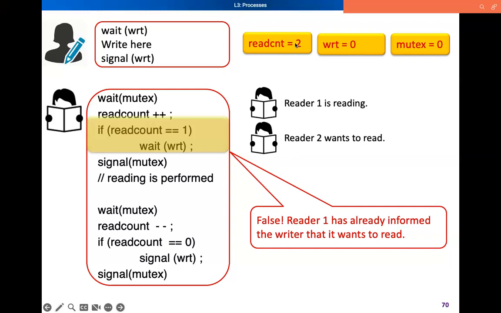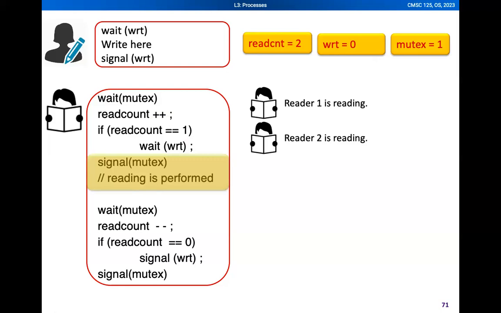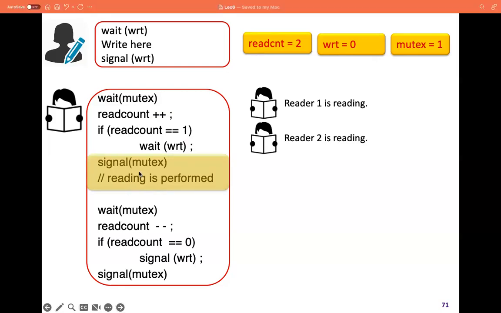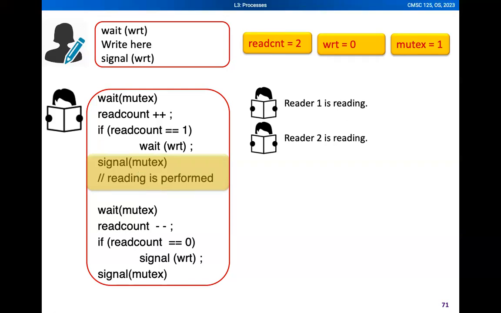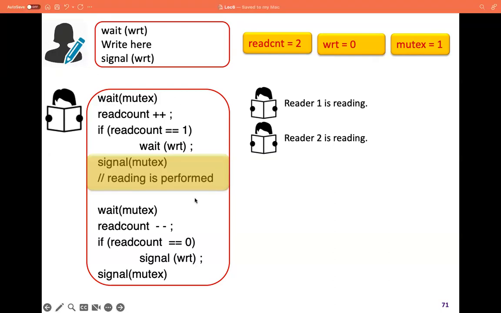So we just skip this, and it performs signal on the mutex again, indicating that it is done modifying the read count variable, and reader 2 may now start reading.